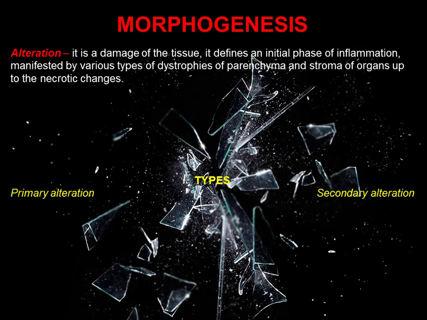Secondary alteration is caused by influence of various pathogenic factors, both local factors, like physical and chemical factors, amount and activity, inflammation mediators, vascular reactions, and so on, and also systemic factors such as nervous, humoral system, influences of immune system, and so on. Secondary alteration is usually caused by mediators, by inflammatory cells, and so on.